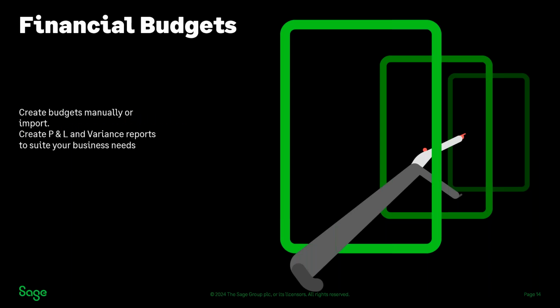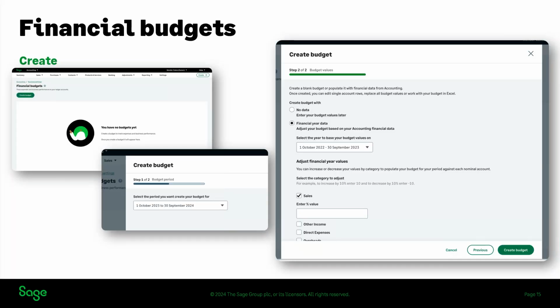Now let's take a look at the new financial budget reports coming in. In Settings, under Financial Settings, you will soon have the option to create budgets. You can simply select the period you want to create a budget for and choose if you want to manually set your budget data or import it via CSV.